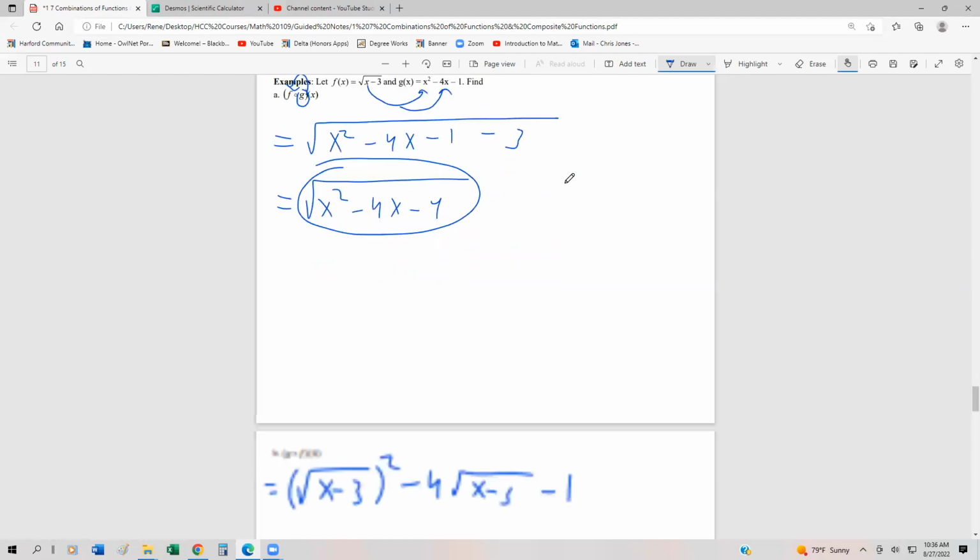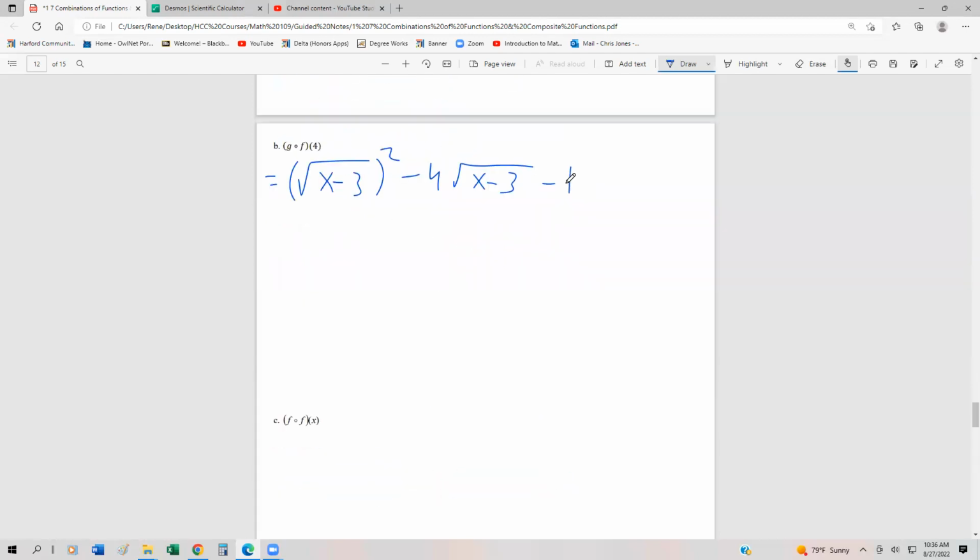If we simplify it, when we square a square root, those are inverse operations. So this is going to be x minus 3 minus 4 roots of x minus 3 minus 1. We can combine, and we end up with x minus 4 roots of x minus 3. This is equal to g at f at x.